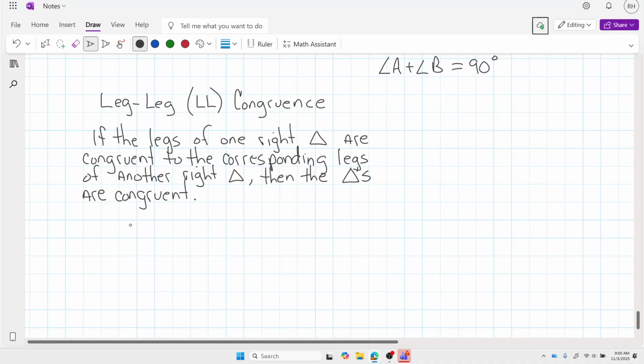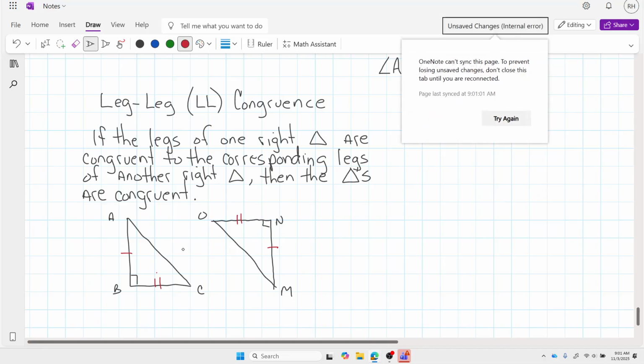All right, the legs of one congruent to the legs of another. So if you've got a right triangle, and a second right triangle, and then AB is congruent to NM and NO is congruent to BC.